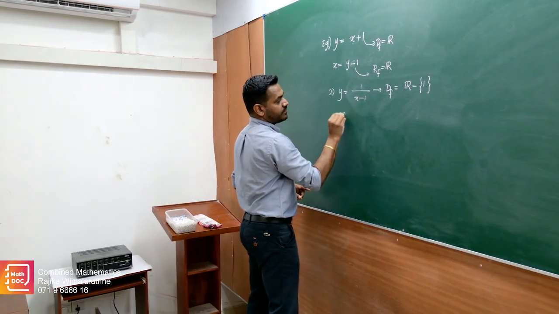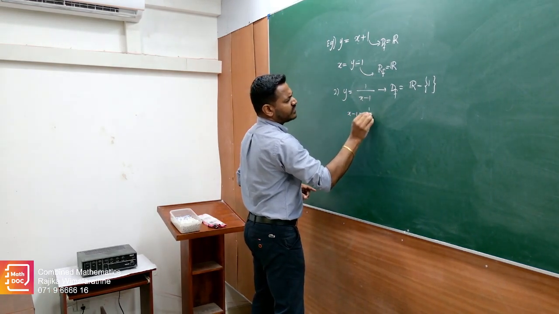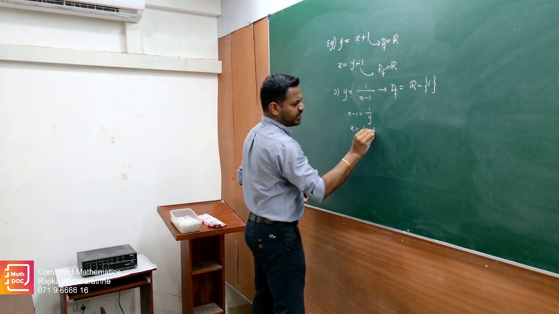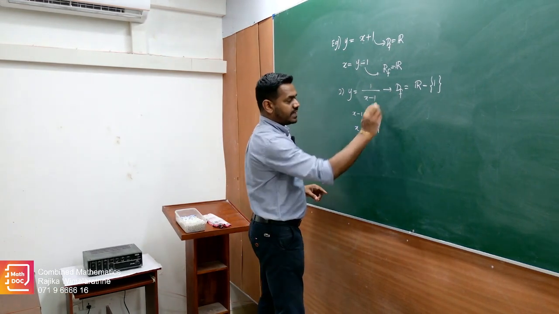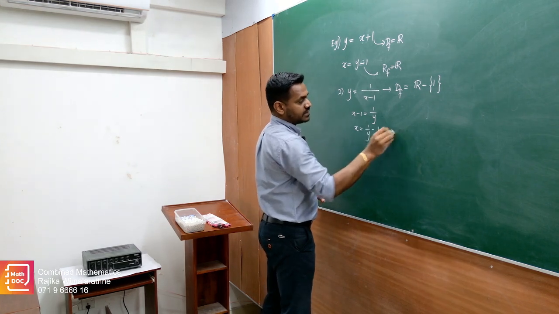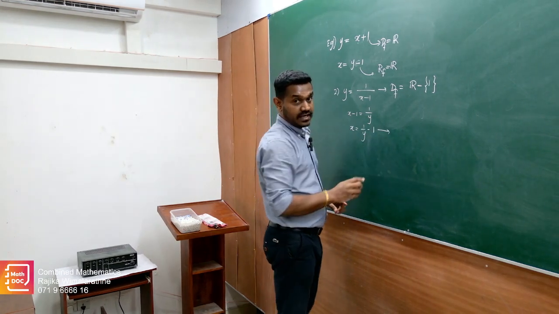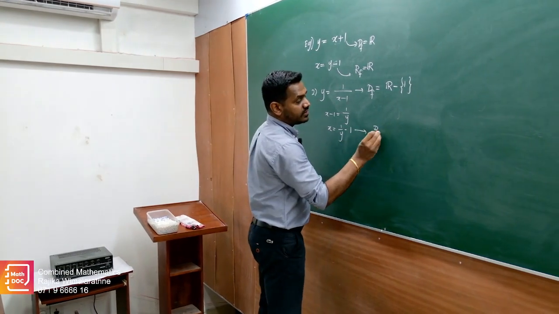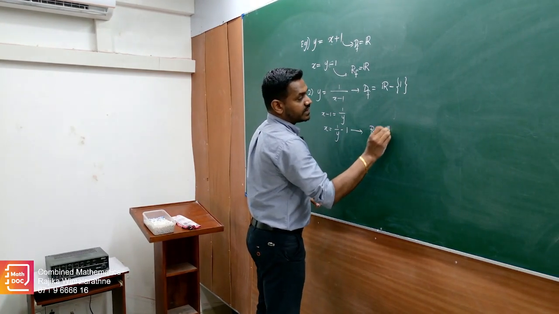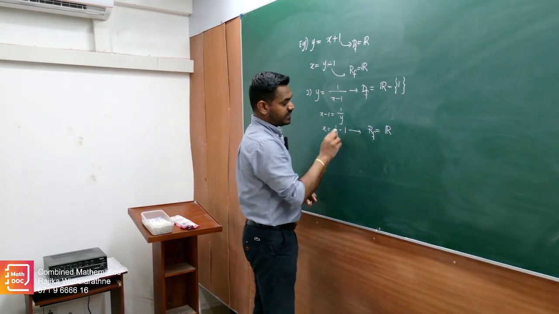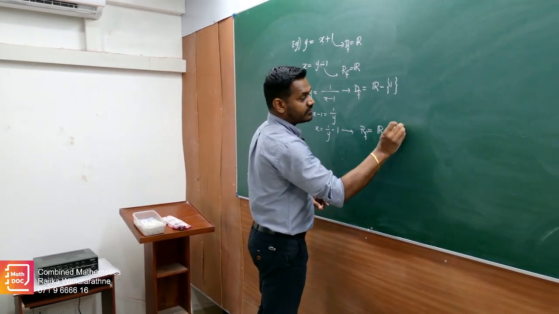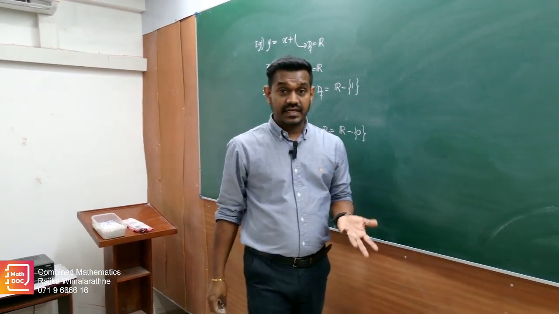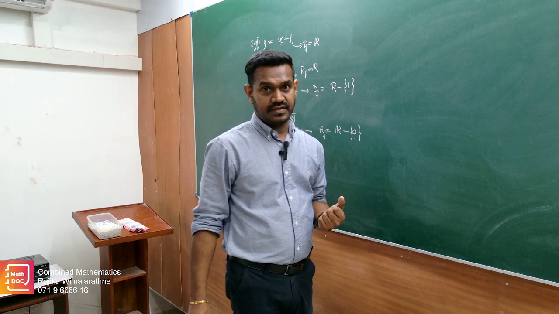Cross multiply: x minus 1 equals 1 over y, so x equals 1 over y, plus 1. Then you check possible y values. The denominator zeros must be eliminated. The possible y values mean the range, denoted R_f: real values without 0. That's how we select domain and range.